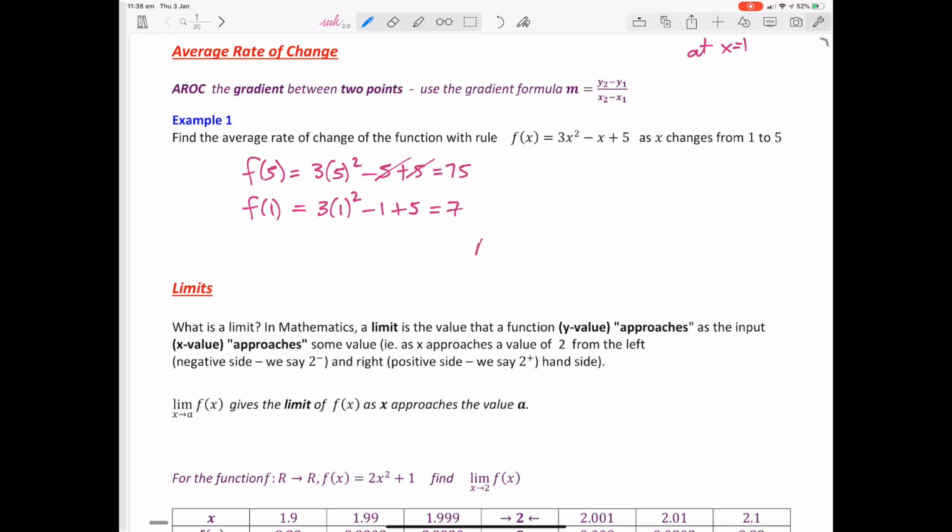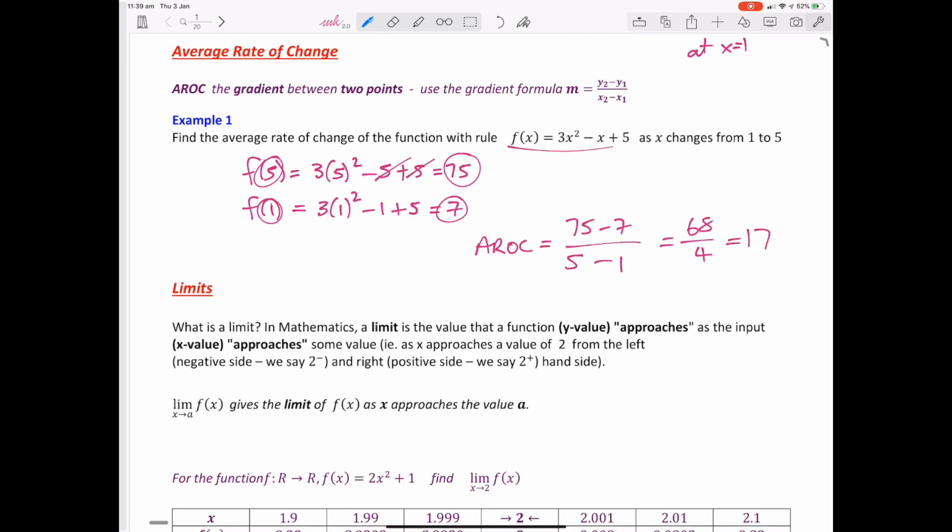Now we just apply our rule: average rate of change is y2, 75, minus y1, over x2, which is 5, minus x1, which is 1. I get 68 on 4, which is 17.